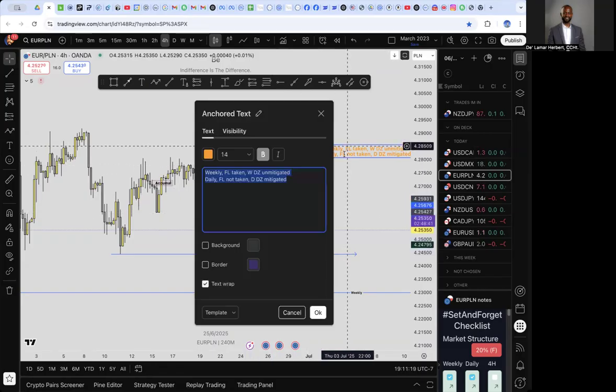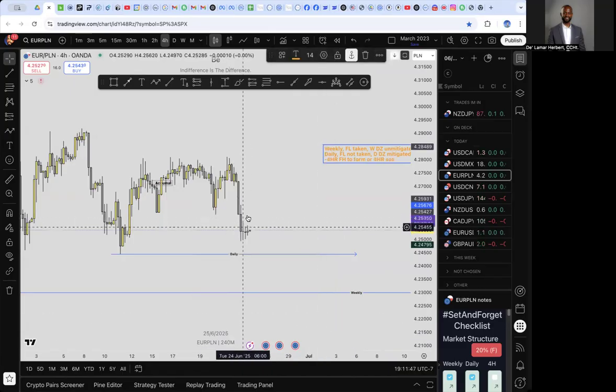So we're going to wait for the 4 hour first high to form, and or a 4 hour structure shift, SOS, right?